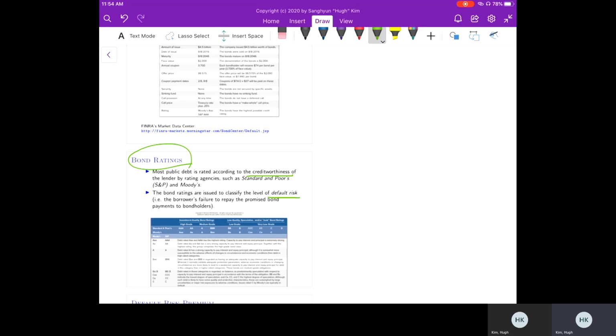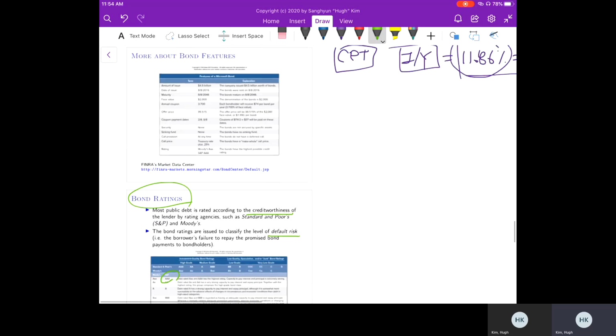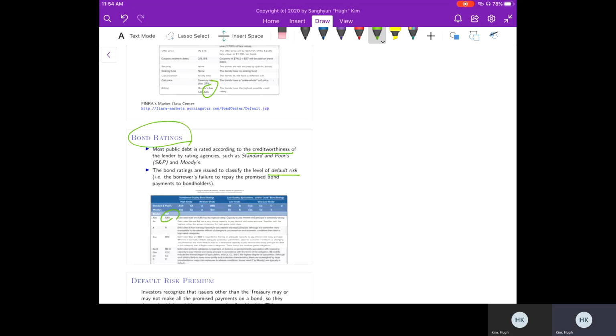So default risk is another risk factor for bondholders. So AAA is the highest rating that bonds can achieve, and US Treasuries and blue chip companies like Microsoft have AAA ratings. And other issuers may have lower ratings, and the bonds with ratings from AAA to BBB are considered safe.